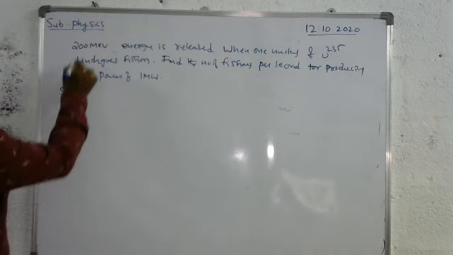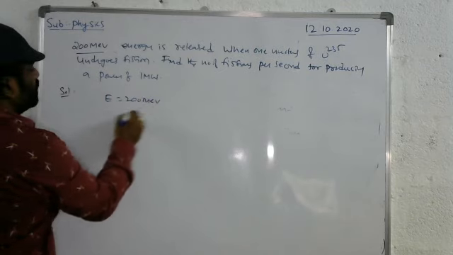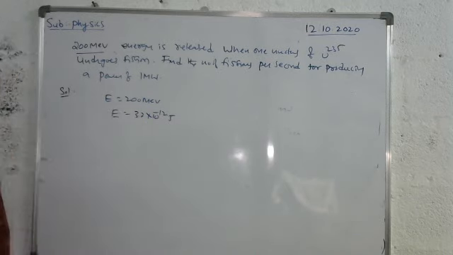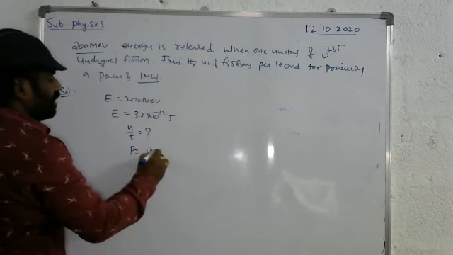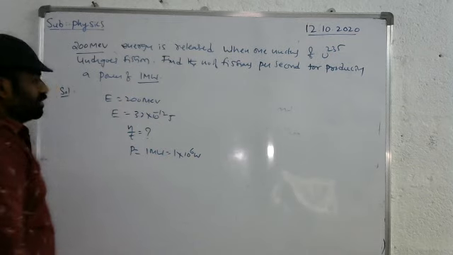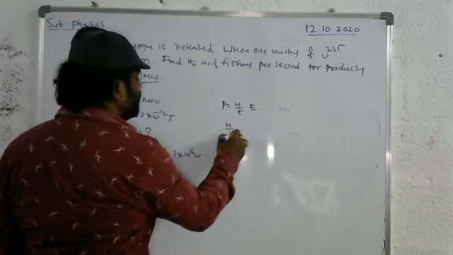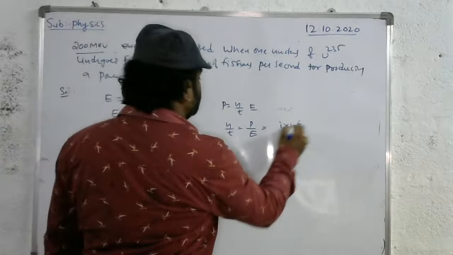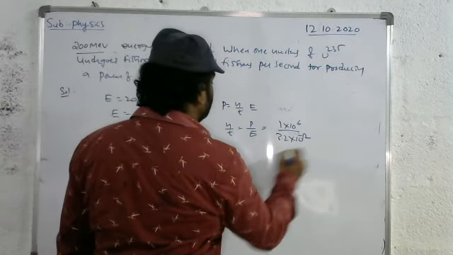Now the solution. The given energy E is equal to 200 MeV. Converting this, we have 3.2 into 10 to the power of minus 12 joules. Find the number of fissions per second, N by t equals how much? They gave the power, P equals 1 megawatt, and 1 mega is 10 to the power of 6. We have the formula, power P is equal to N by t into E. We need N by t, so N by t is equal to P by E. That is 1 into 10 to the power of 6 divided by the energy, 3.2 into 10 to the power of minus 12.